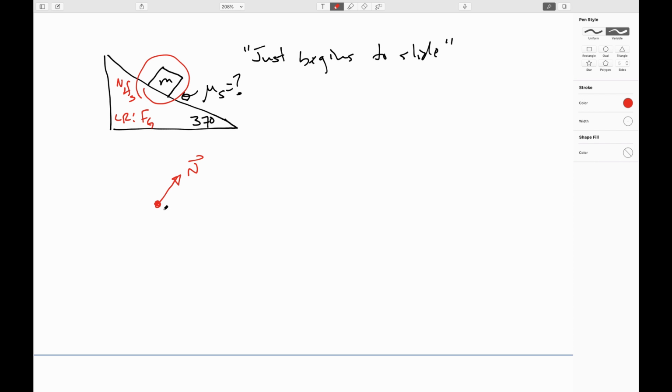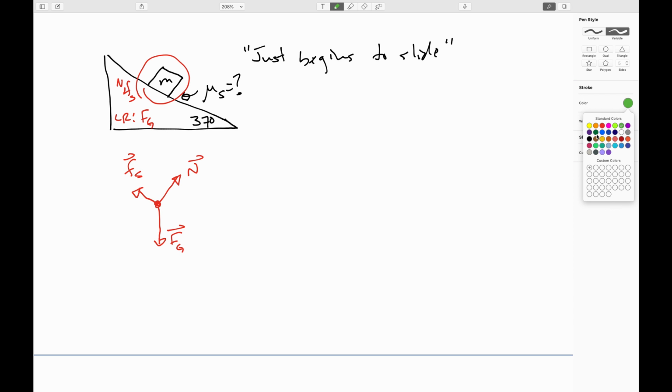So you've got the normal force perpendicular to the ramp, and gravity straight down. And we know that the crate wants to slide down. So since it wants to slide down, we're going to need the force of static friction to point against the surface in order to cancel everything out.